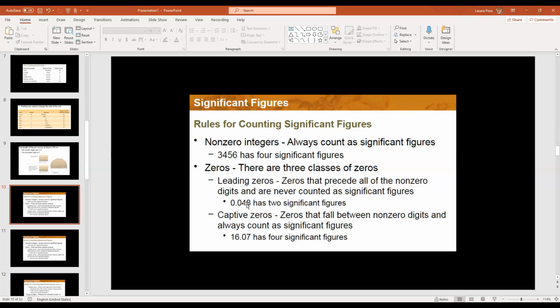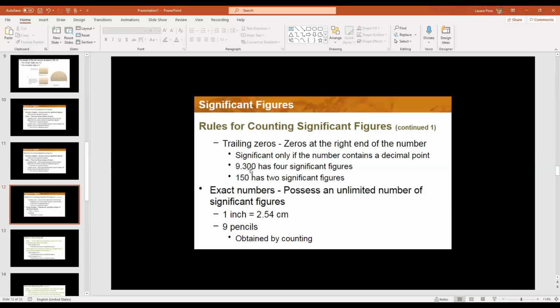In this case, we say that this number has only 2 significant figures. But if a zero is in between, we consider the zero significant. We say in this case that we have 4 significant figures.